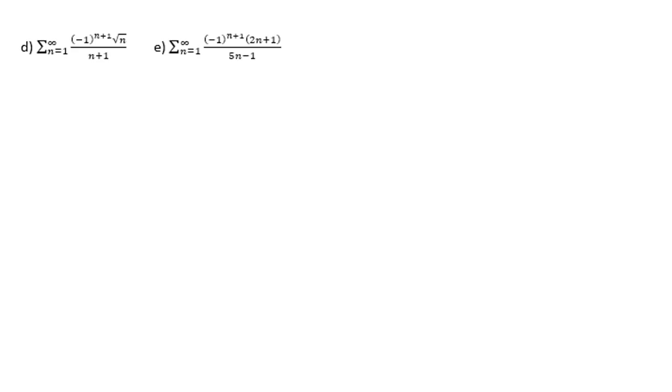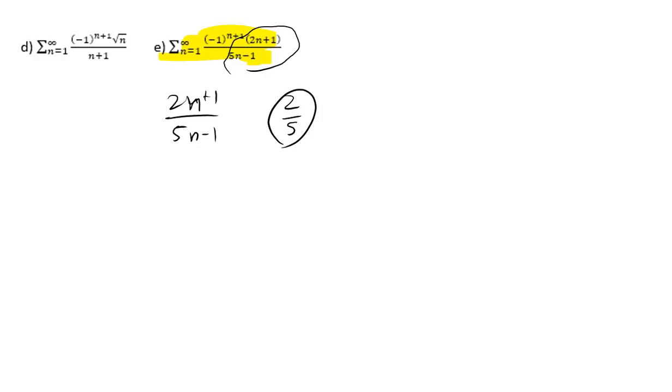Next, E, we have, well, you know, if you get rid of this, then you have 2n plus 1 over 5n minus 1. But what's that? When n is really large, this is like 2 over 5, isn't it?